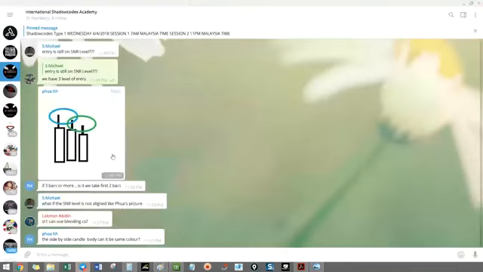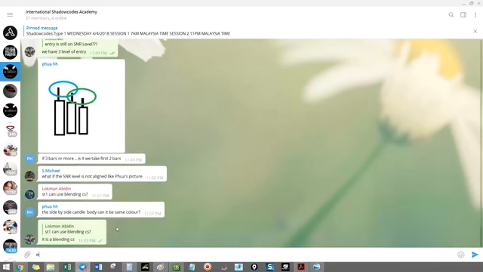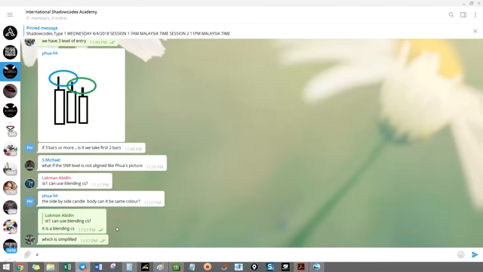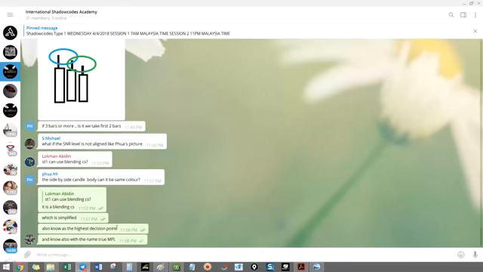It is a blending CS, which is simplified, also known as the highest decision point, and also known by the name through MPL.